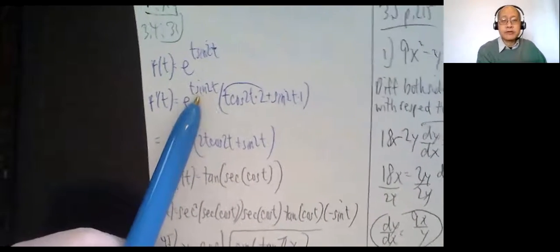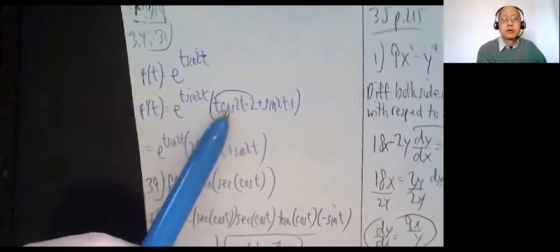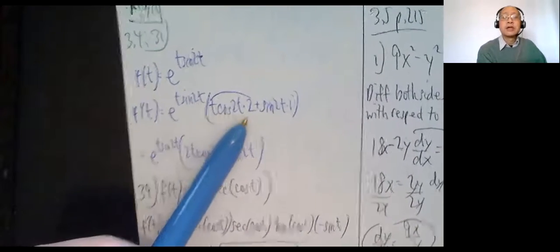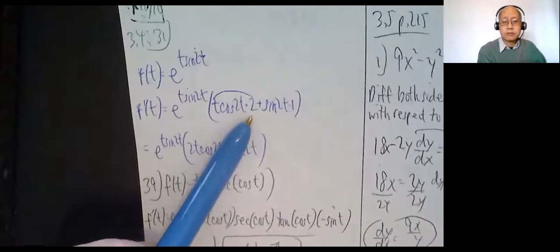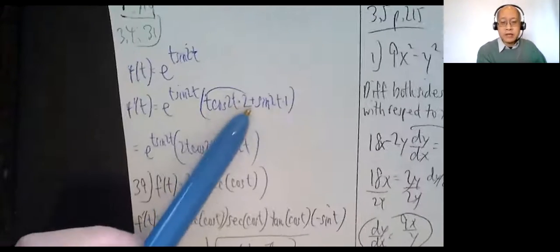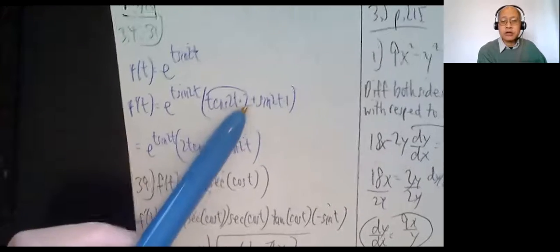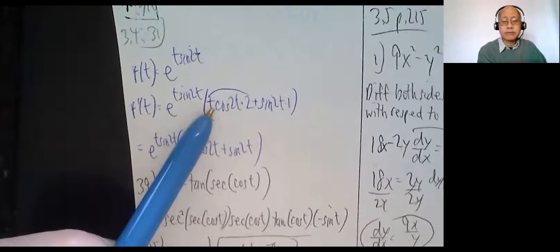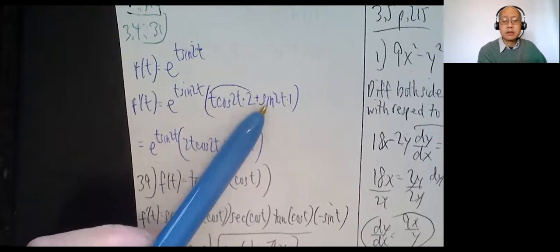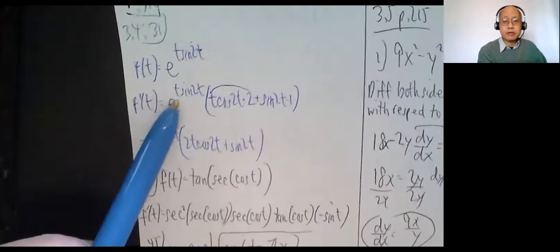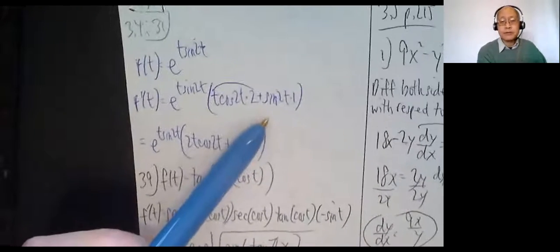What's the derivative of sine of 2t? Cosine 2t times the derivative of 2t, which is 2. Normally in the final answer you put the 2 in front. Plus the second function, sine of 2t, times the derivative of the first, which is the derivative of t, 1.